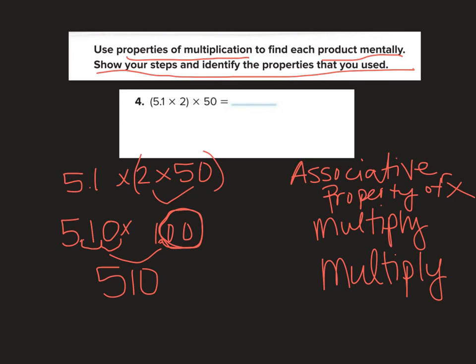That's what we practiced yesterday. If I had to do this and then this, that would be a lot more brain power than if I could make 100, or a 10, or 1,000. Then we're just moving those decimal points. That's our point today: we're practicing those properties and labeling them as we do it.